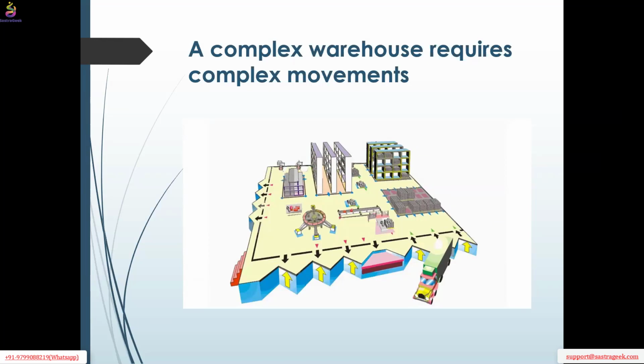For example, chilled or frozen products always need to be stored at a specific temperature in certain areas, in freezer sections. That means the product requires a certain location to be stored at a certain temperature.